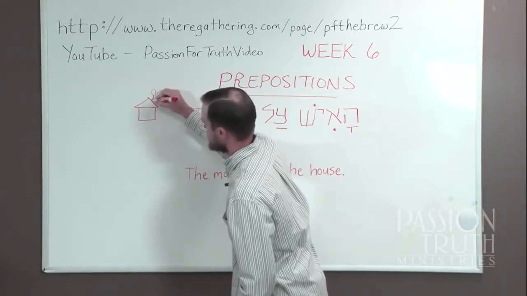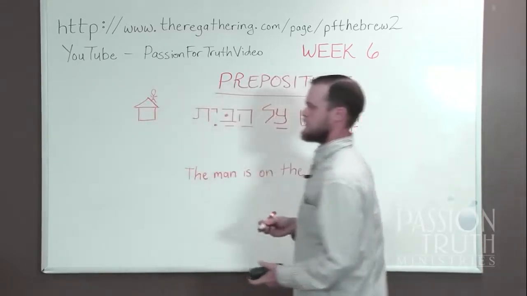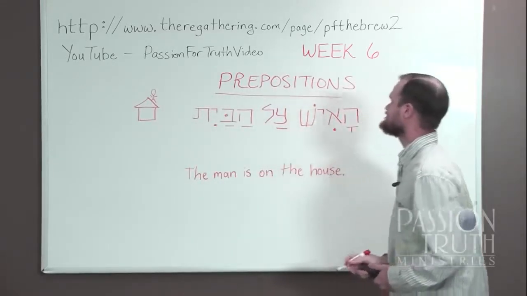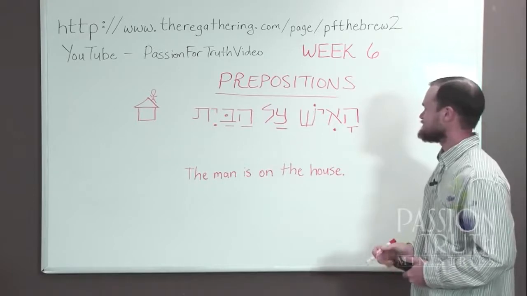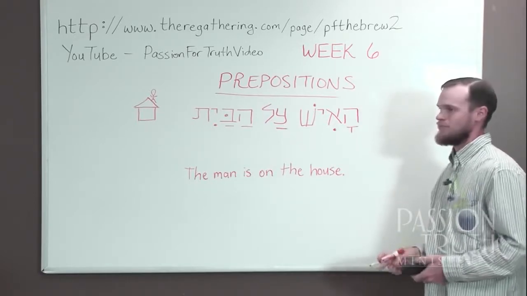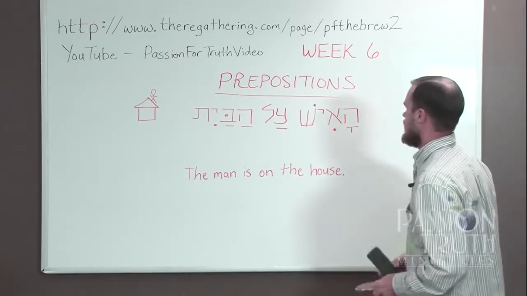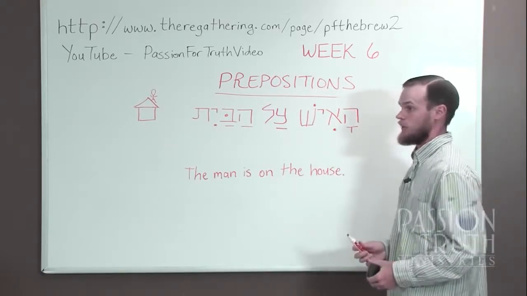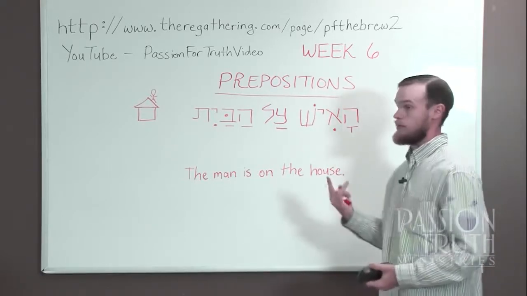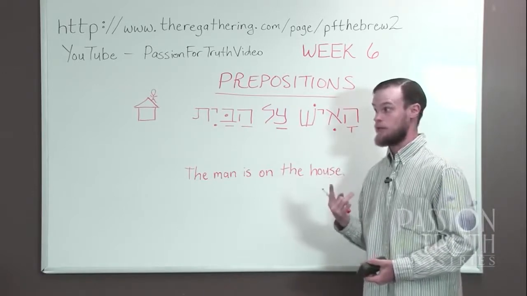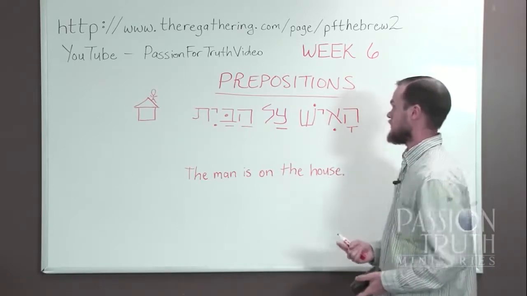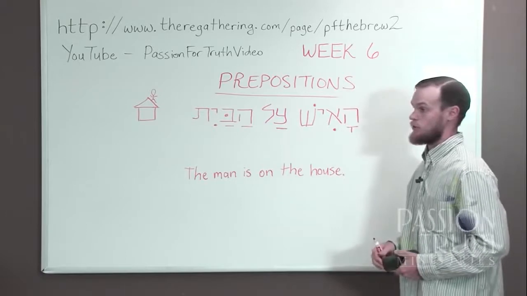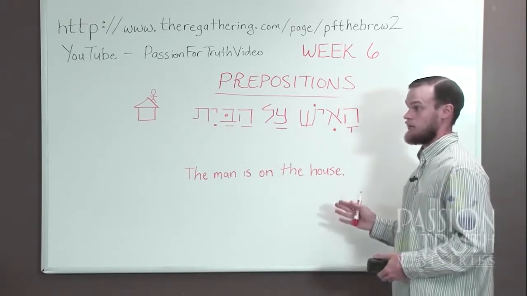So here it is in a Fiddler on the Roof looking form. Word order is important with prepositions. They do relate to words, so they need to be between the two words that they're relating to each other. So word order is significant here.